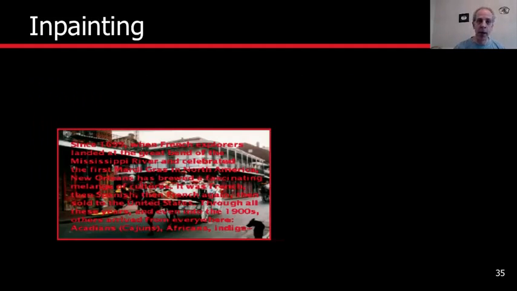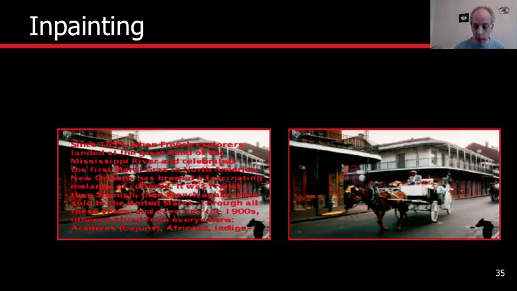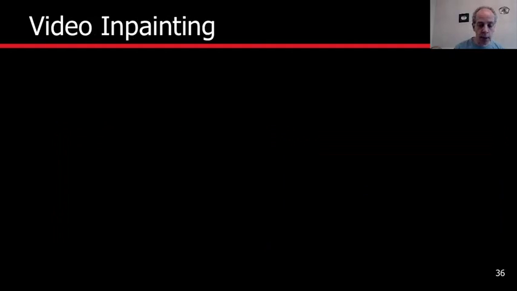This is another example. Instead of dropping the pixels, we do the same that we did when we were talking about inpainting in general. We write on top of the image and then we do the reconstruction. Again, very good results with nothing else than doing sparse modeling, learning a dictionary from this noisy image and being able to reconstruct this image.